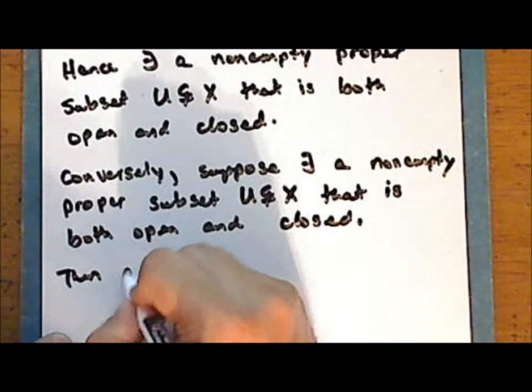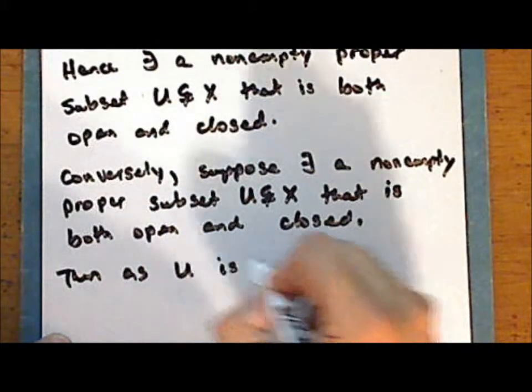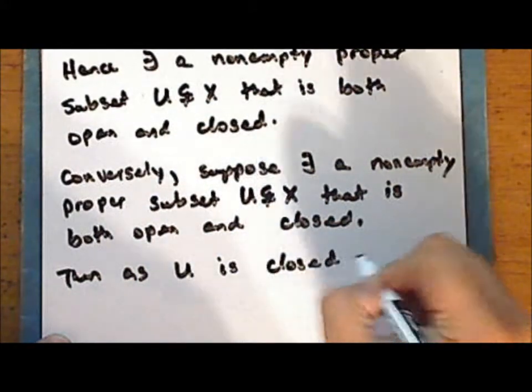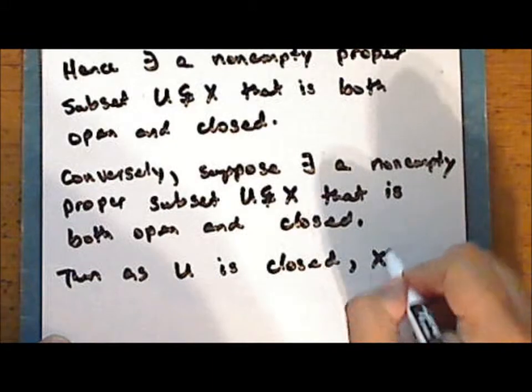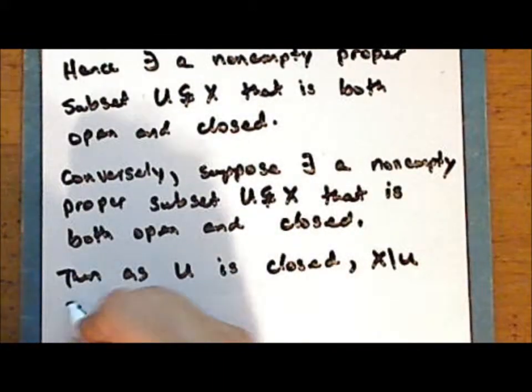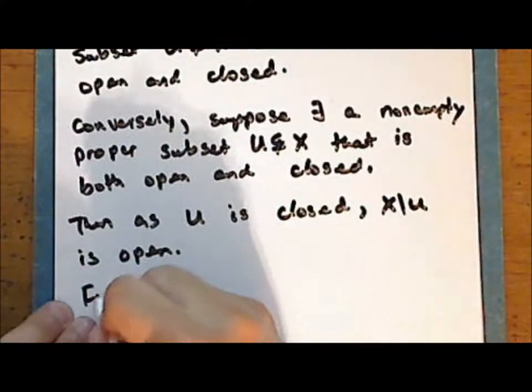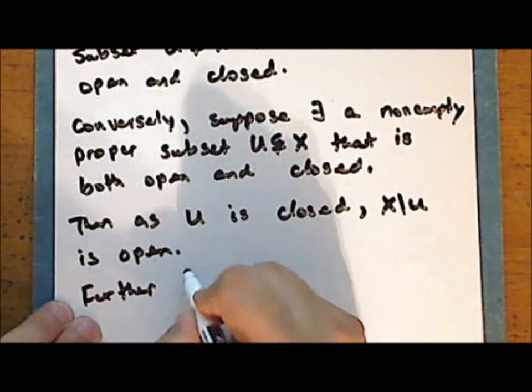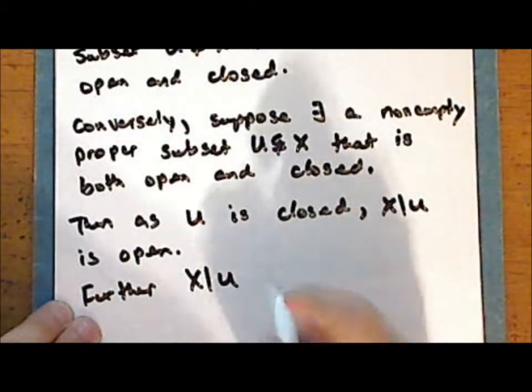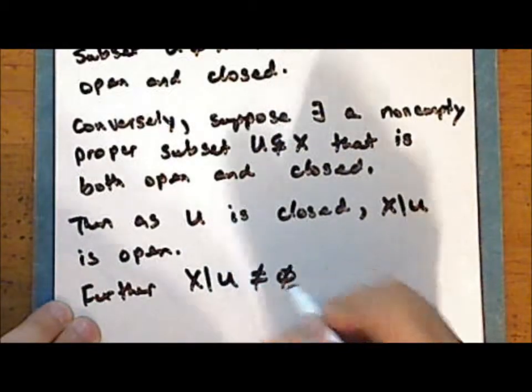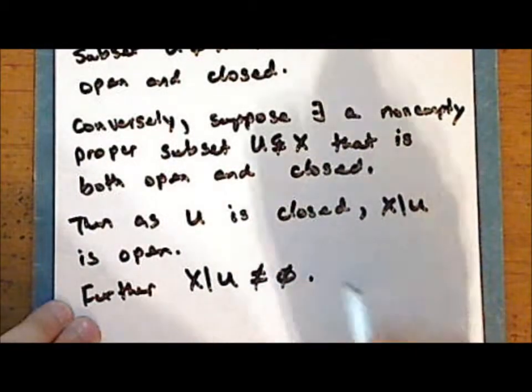Then, as the set U is closed, its complement is open. Further, the complement of the set U is not empty, since U is a proper subset.